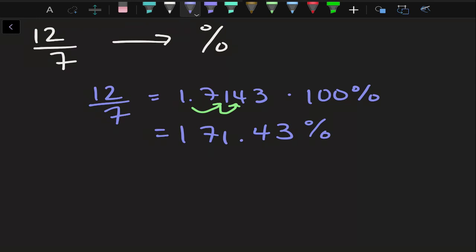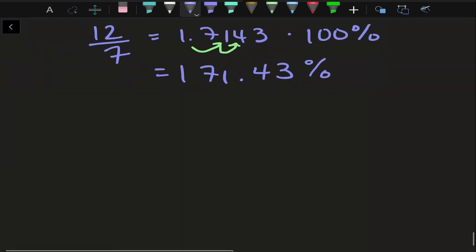And does this make sense? Well, we can look back and we know that 7 goes into 12 once with a remainder of 5. Okay, so that means that it'll be 100 and something percent. We get 171, so we can assume that is at least close.